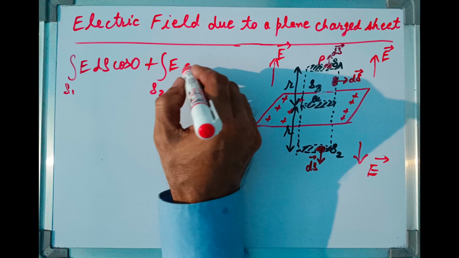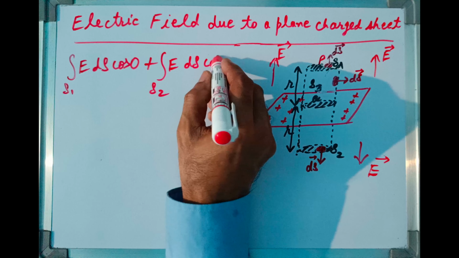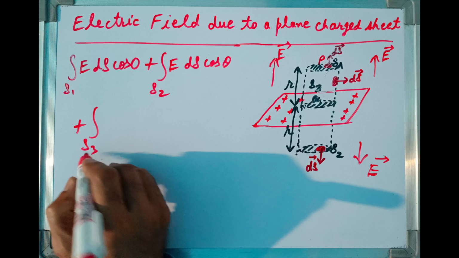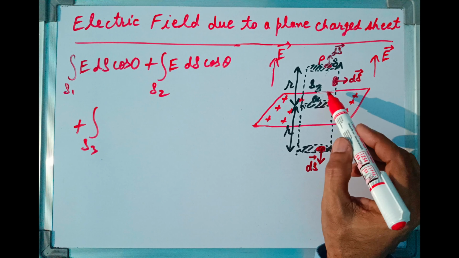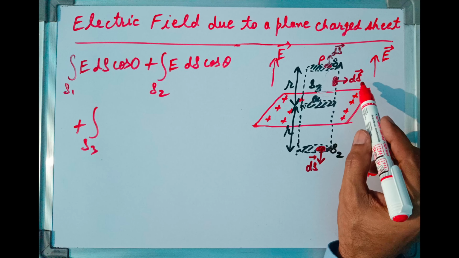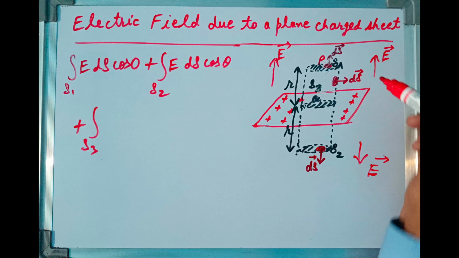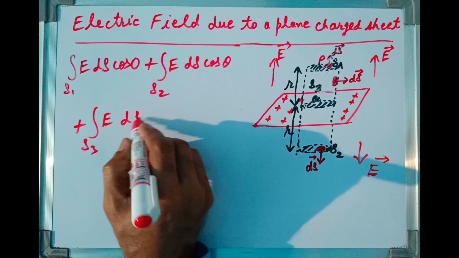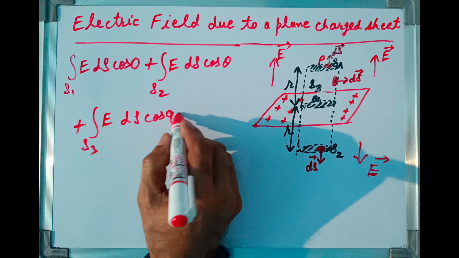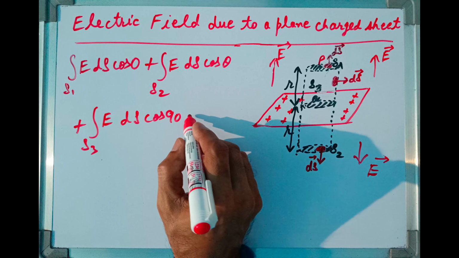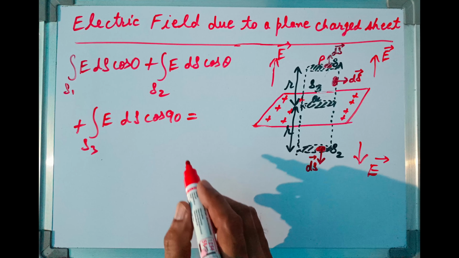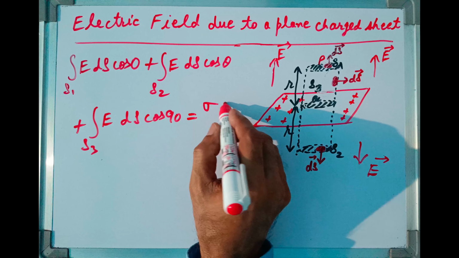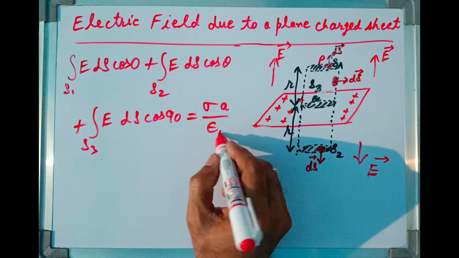So we can write E ds cos 0. Now let us come to third curved surface area S3. In this case, elementary area ds vector and electric field are perpendicular to each other. So we shall write E ds cos 90 degree, because a vector dot b vector is equal to ab cos theta, and on right hand side I have already written sigma A divided by epsilon naught.